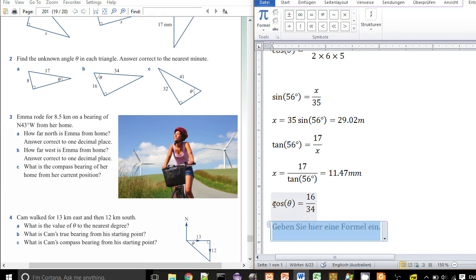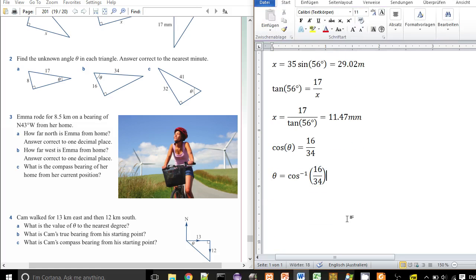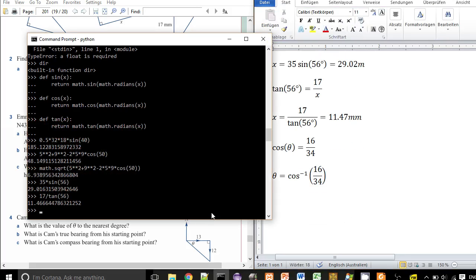Then to get rid of the cos, the opposite of cos is inverse cos. Okay, hopefully you're getting the hang of that. Okay, cool. I'll do inverse cos of bracket 16 over 34. Okay, hang on.